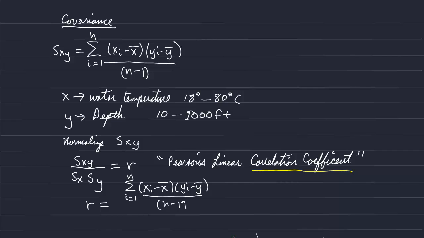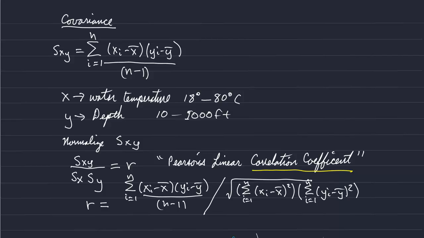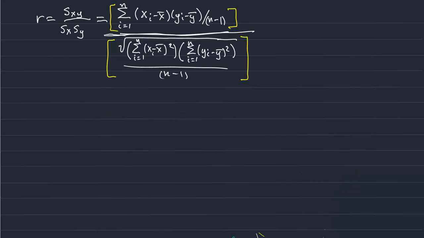And that is divided by the product of the standard deviations, and that's all over n minus 1 as well. So let me continue on the next slide with that written out.